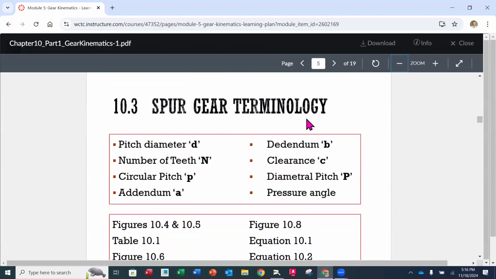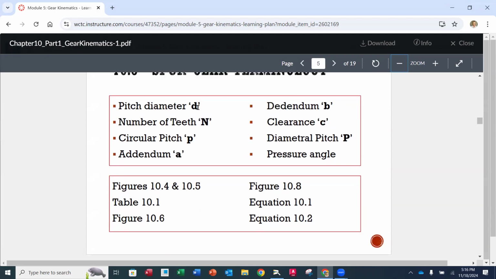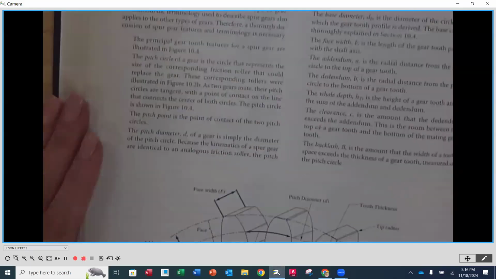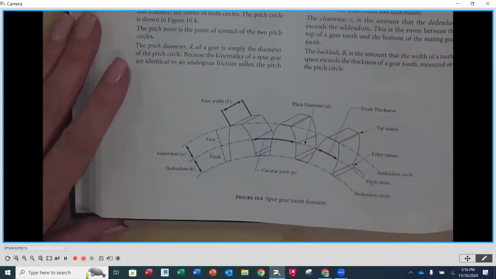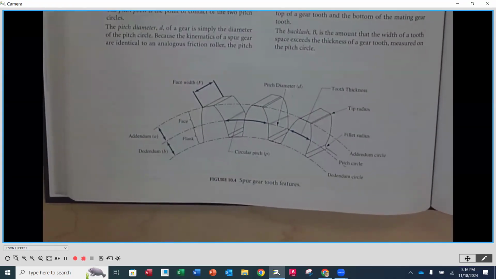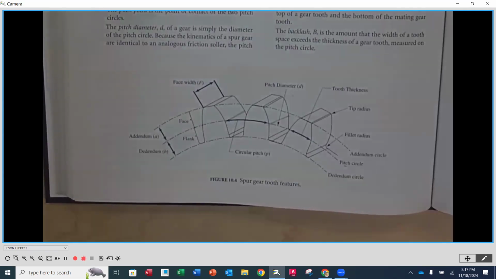So, some gear terminology. This is going to pertain a lot to what these things mean as we look at the involute tooth profile. So I'm going to go over underneath our camera, and we're going to look at the illustration on the bottom of page 262. This is figure 10.4, a close-up view of some gear teeth.